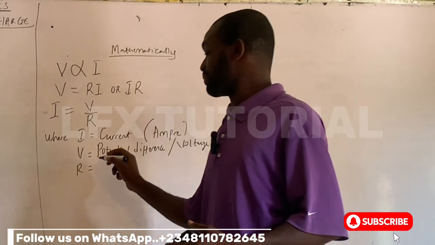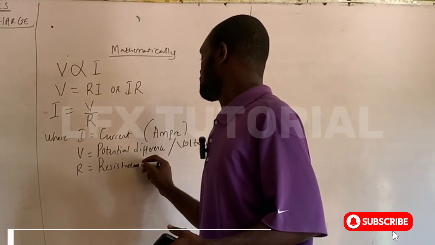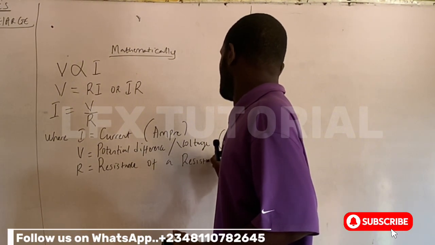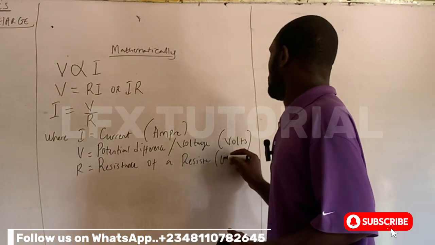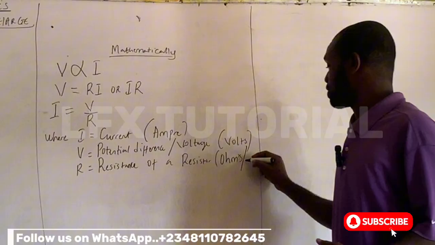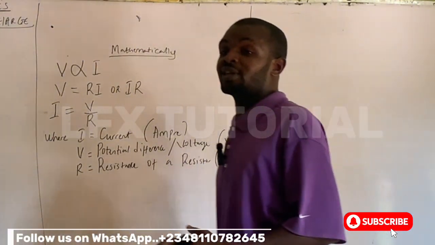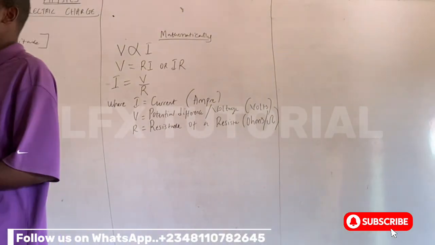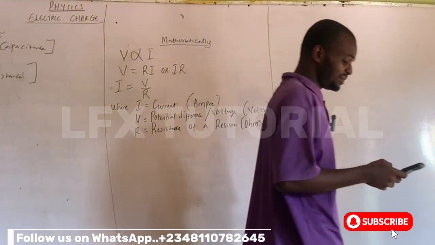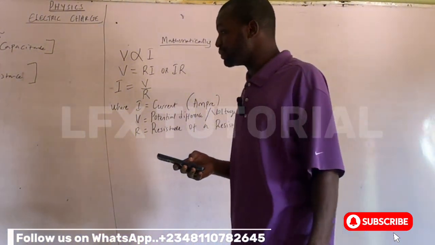R is the resistance of a resistor, and it's measured in ohms. Say ohms. Very good.